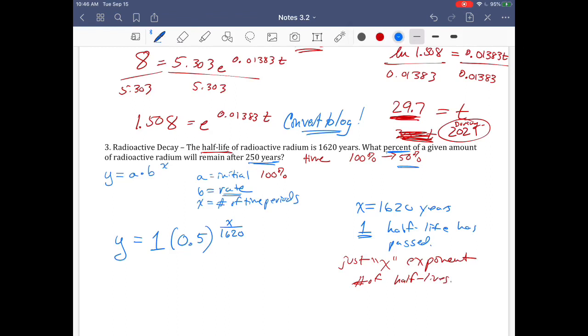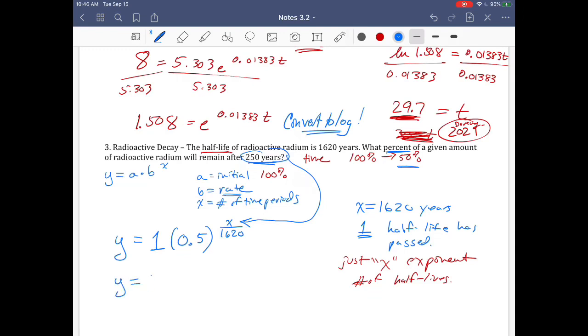So let's just solve it just like this. And there's actually not really too much solving here going on, because after 250 years, we can just plug directly into there. So we're just evaluating. There's actually nothing to solve.